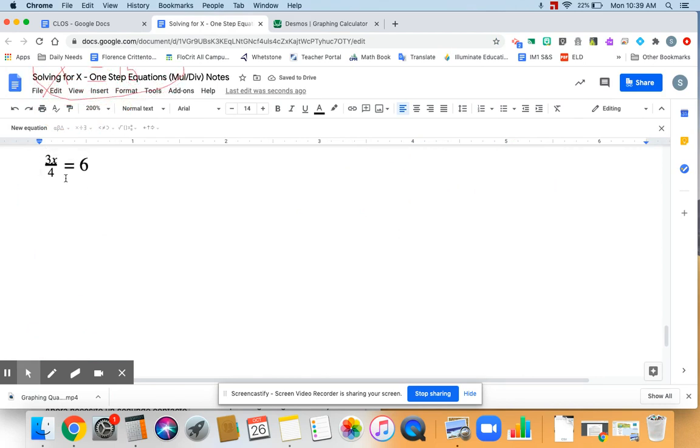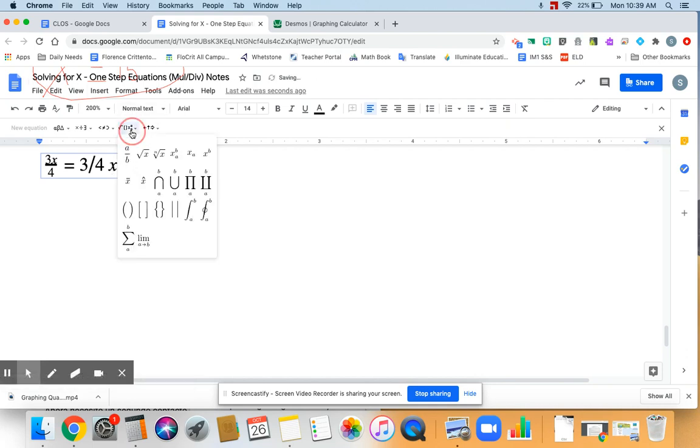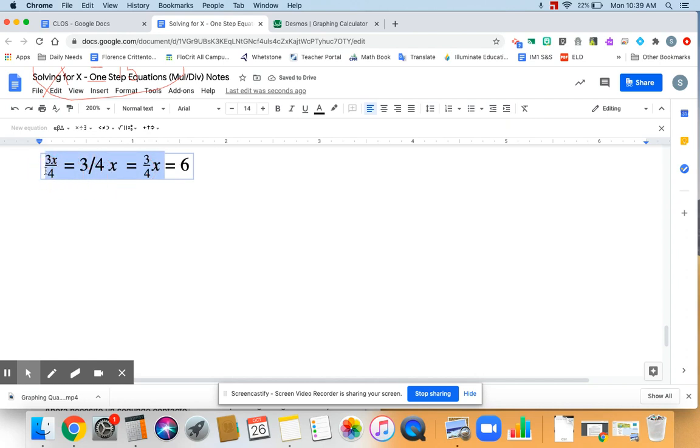And so finally, this is 3x divided by 4. Note real fast, I could have written it like this, 3/4 x. Or I could have even written it like this, 3/4, and the x beside it. These all mean the same thing. It doesn't matter if the x goes up with 3.